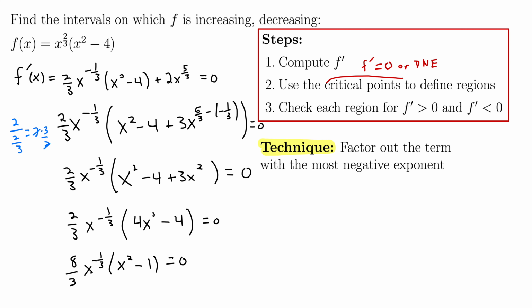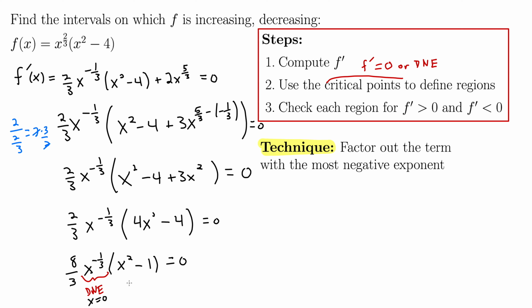We're really looking for two things here. We want to know where the derivative does not exist, and that's where this bit, x to the negative 1/3, is undefined, since the negative 1/3 brings this x down to the denominator. So it does not exist at x equals 0. So that's one of our critical points.